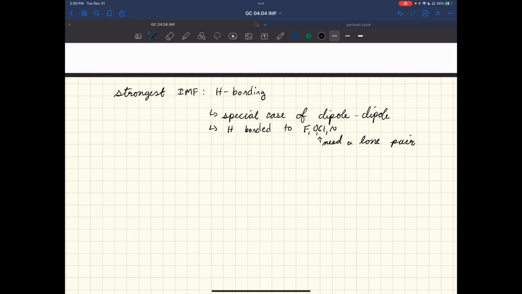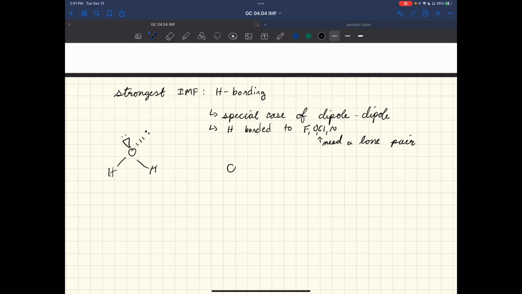Okay, so let's go back to water, because water is a great example of this. I have a hydrogen bonded to an oxygen, and there are lone pairs on the water. I could draw water like this, and that would be perfectly reasonable.